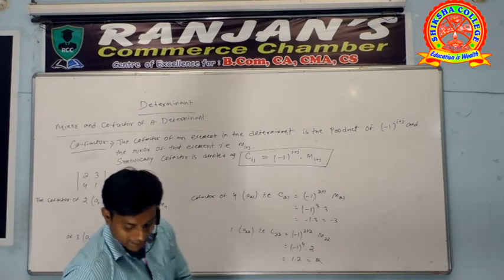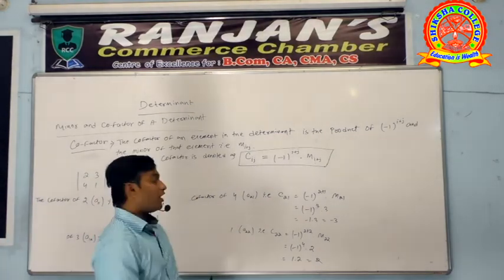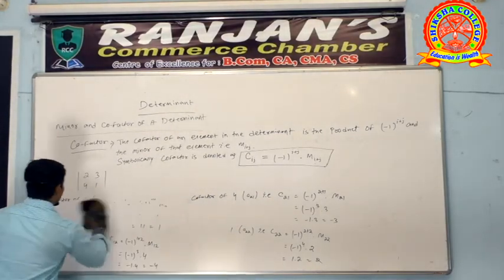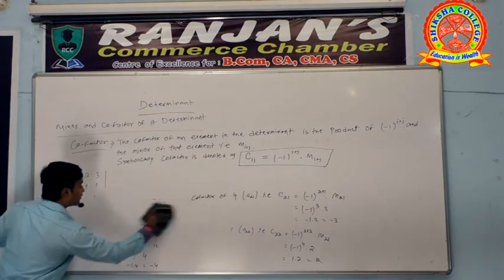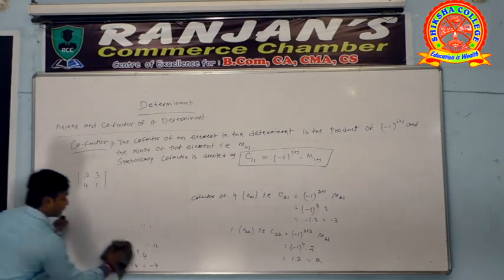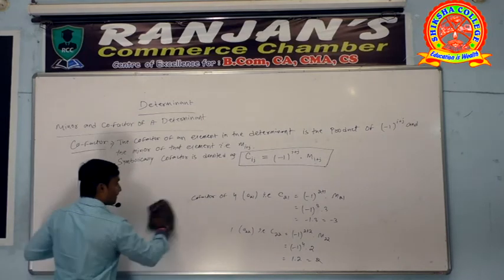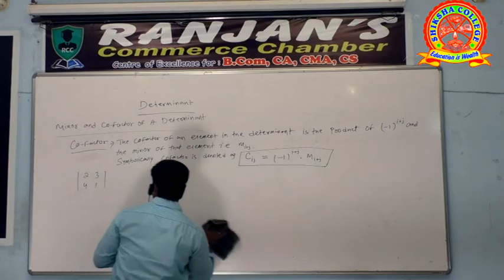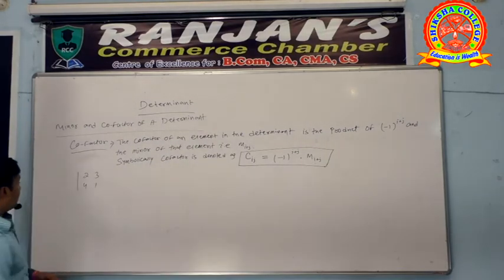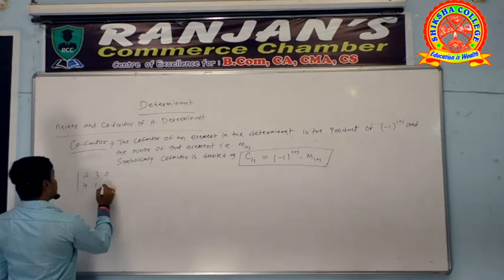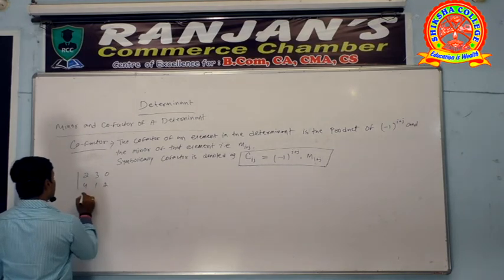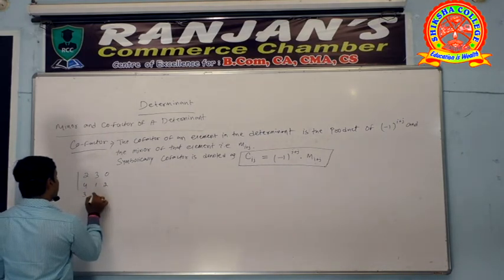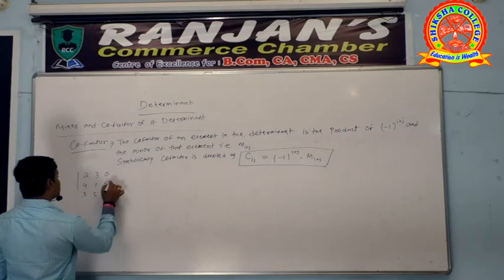Okay, now is the time for third order. Clear? So here we consider a third order determinant, with the rows let it be 0, 2, 3, 5, 6.